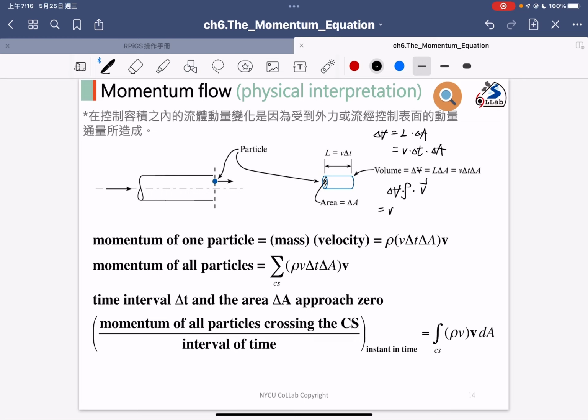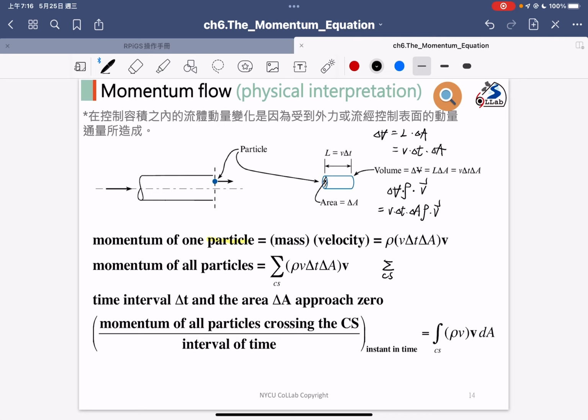We have the velocity times delta T times delta A multiplied by the density, and then multiplied by the velocity. But this equation only focuses on one particle, right? In a real case, we have many fluid particles, so we need to sum over all the particles crossing the control surface.